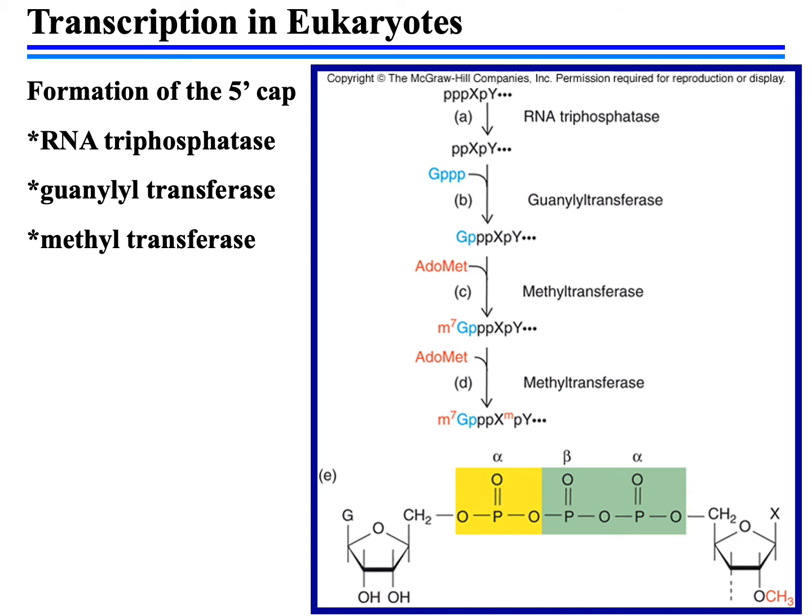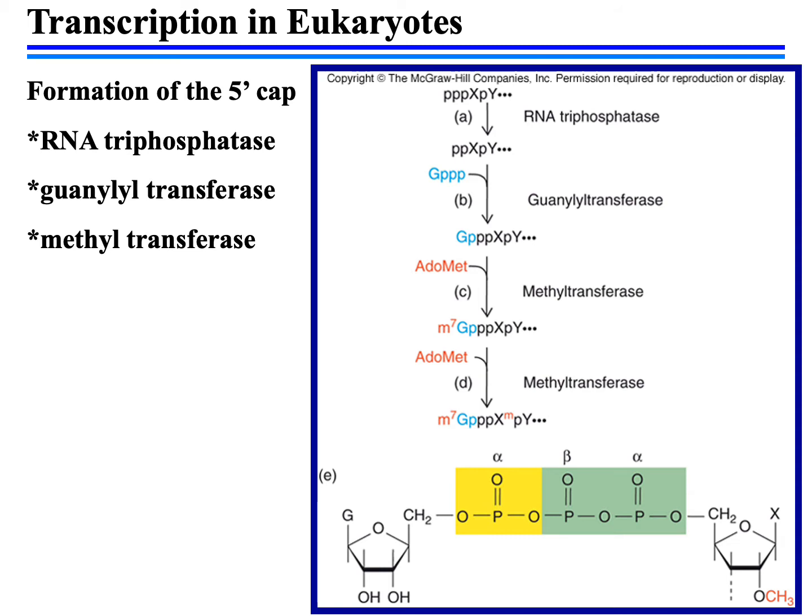The first one, in panel C, shows you the addition of the methyl group to the nitrogen in position 7 of the cap guanine. So the guanine-containing nucleotide that was added on in panel B, that specific guanine gets a methyl group added to the number 7 nitrogen in the guanine structure.